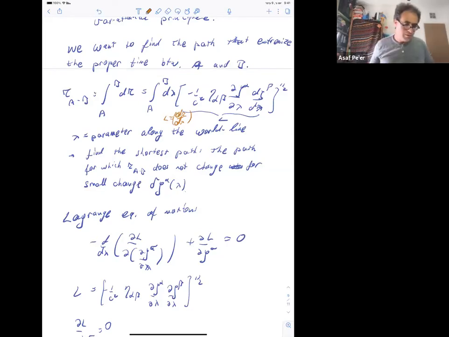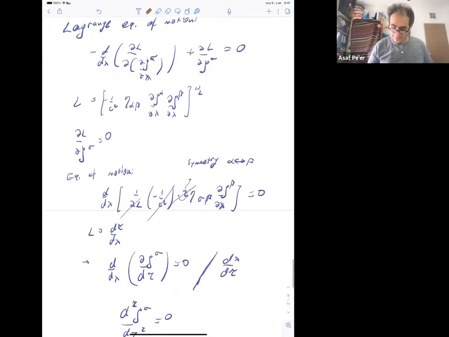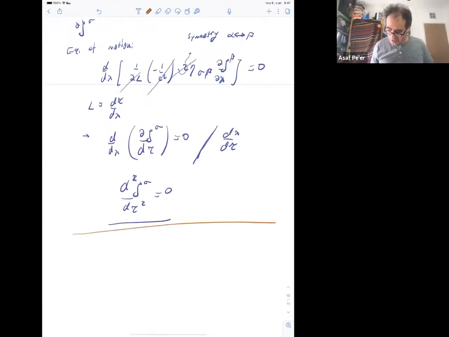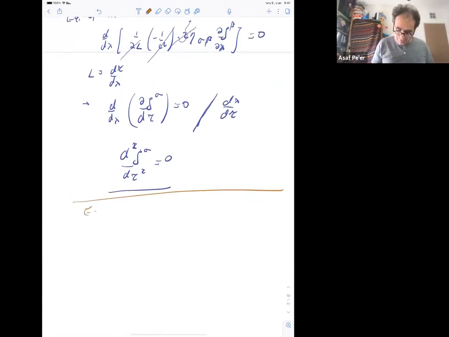No? Let's do the same now for GR. If this is clear, then you should be able to do it right away, right? So let's do the equation of motion for a free particle in GR from the variation principle.